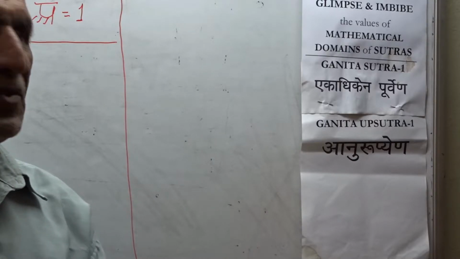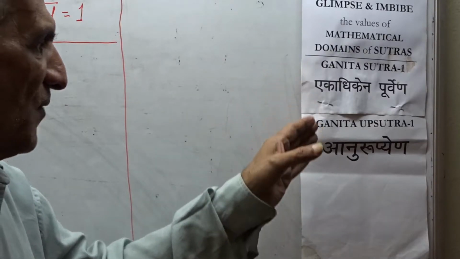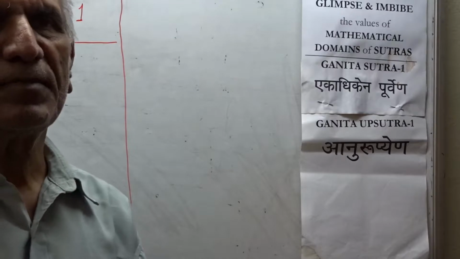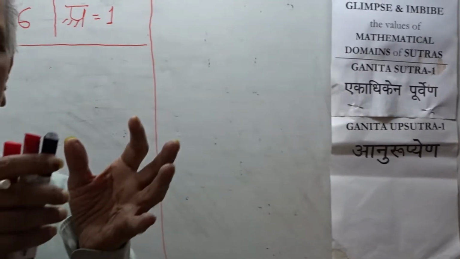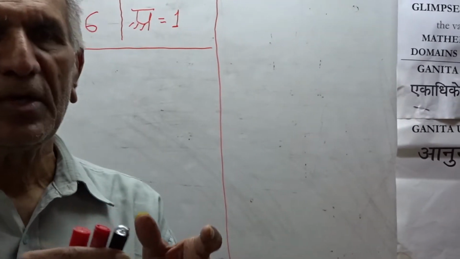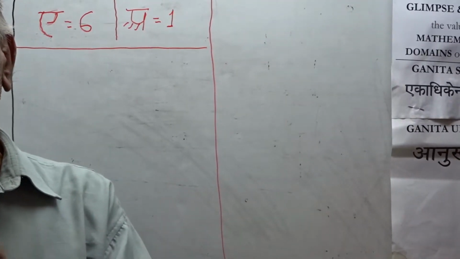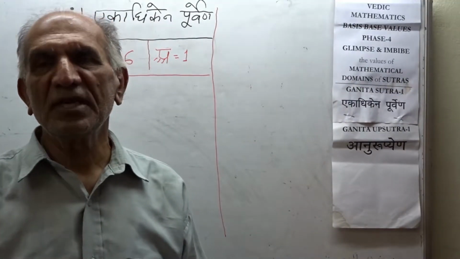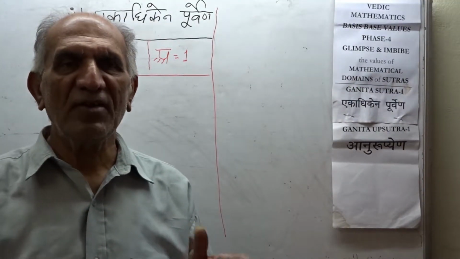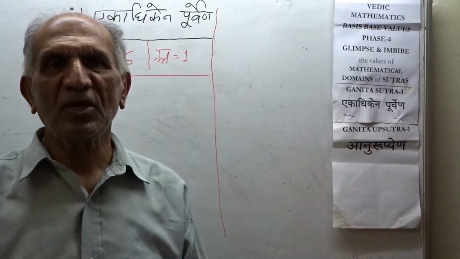Then the first letter of each Ganita Sutra makes available the hint for the mathematical domain of the particular sutra, and the last letter of each Ganita Sutra gives us the end reach value of the mathematical domain.